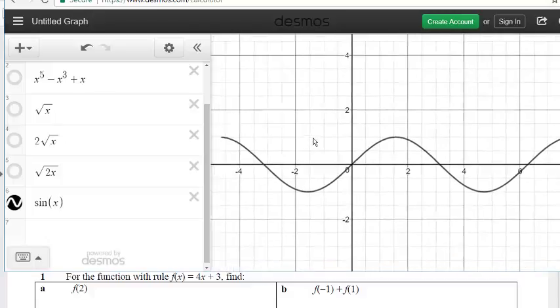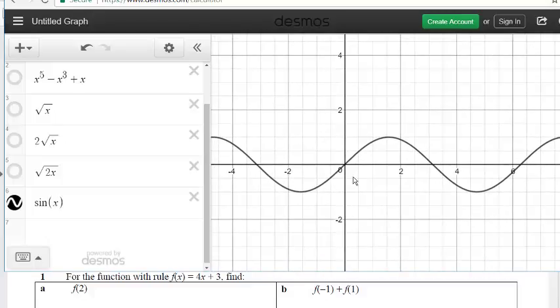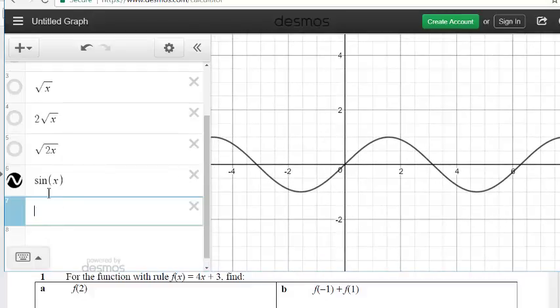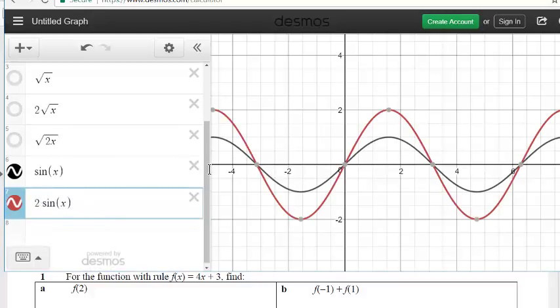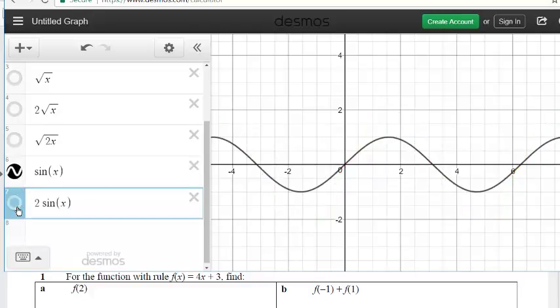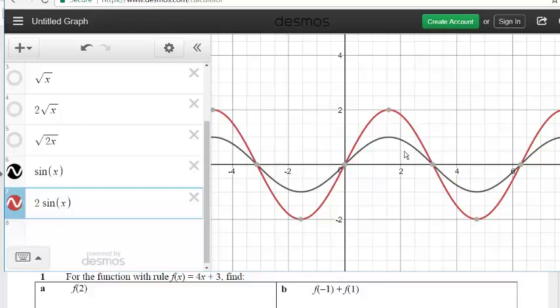I'm going to multiply the sine function by 2 on the outside, and this became that. So it was stretched vertically because there's 2 on the outside.